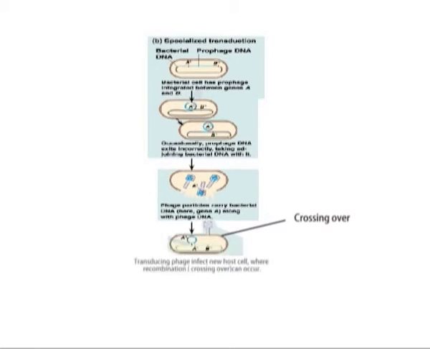Now we'll see specialized transduction, also known as restricted transduction. In this type of transduction, the transducing particle carries only a specific portion of the bacterial genome. Specialized transduction occurs when there is an error in the lysogenic cycle of the phage.